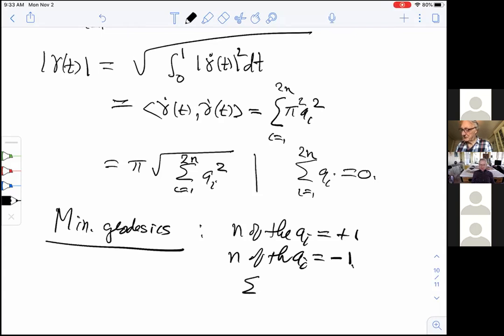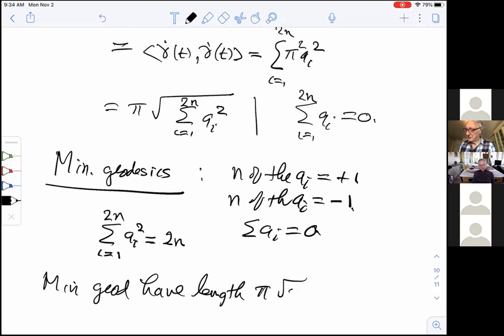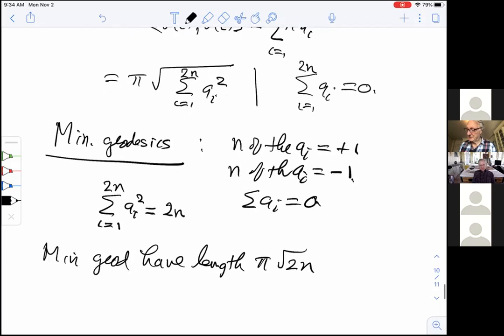Then the sum is clearly 0, that's fine, and the summation from i equals 1 to 2n of ai squared is 2n. So minimal geodesics have length pi square root of 2n.